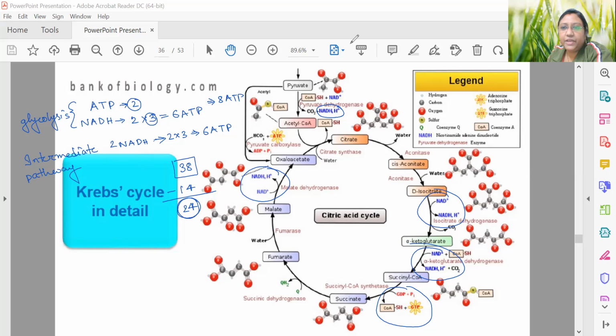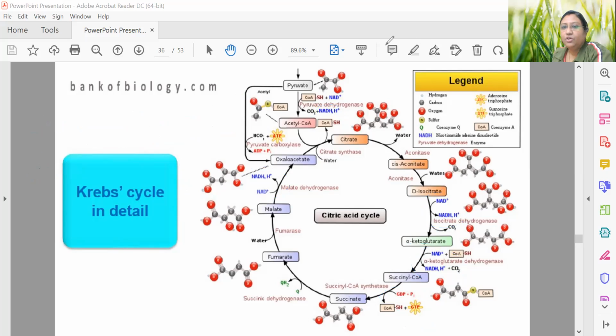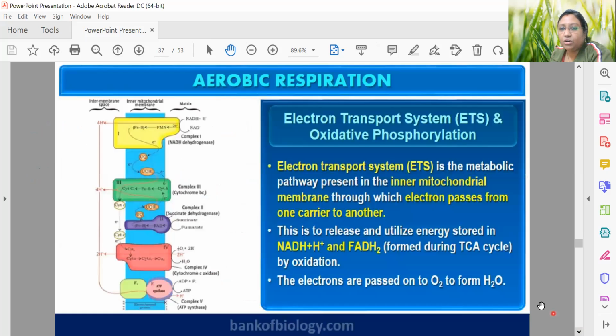So this pathway is known as terminal respiration. Why do we call it terminal respiration? Because without it, complete oxidation of carbohydrate is not complete. It is also known as the electron transport system or ETS. Why?